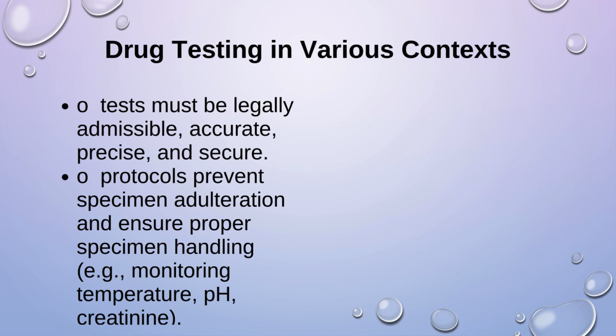So, tests must be legally admissible, accurate, precise, and secure. Protocols prevent specimen adulteration and ensure proper specimen handling because, similar to alcohol testing, guys, alcohol determination must always be associated with the chain of custody.